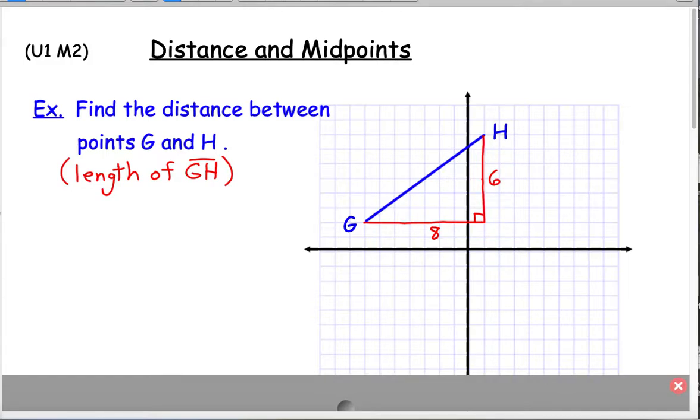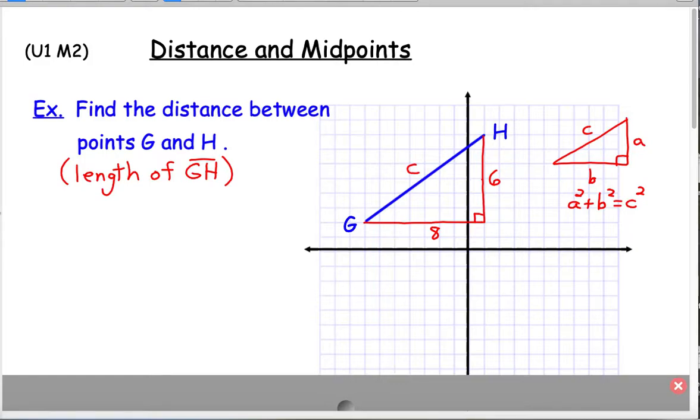In the Pythagorean theorem, we'll call this side C for the hypotenuse, that's the longest side, the one across from the right angle. The one that's across from the right angle is side C. So the Pythagorean theorem says that in a right triangle, if the 2 legs are called A and B and the hypotenuse is C, A squared plus B squared will equal C squared every time, as long as it's a right triangle.